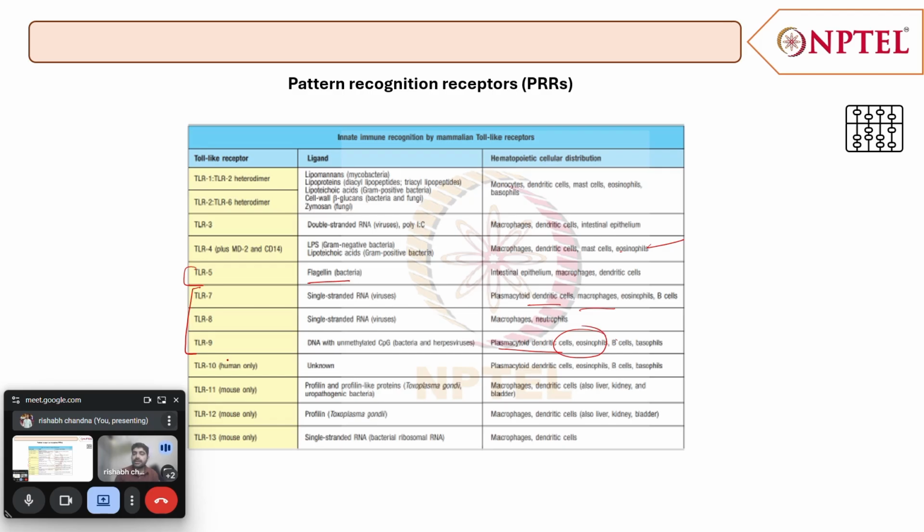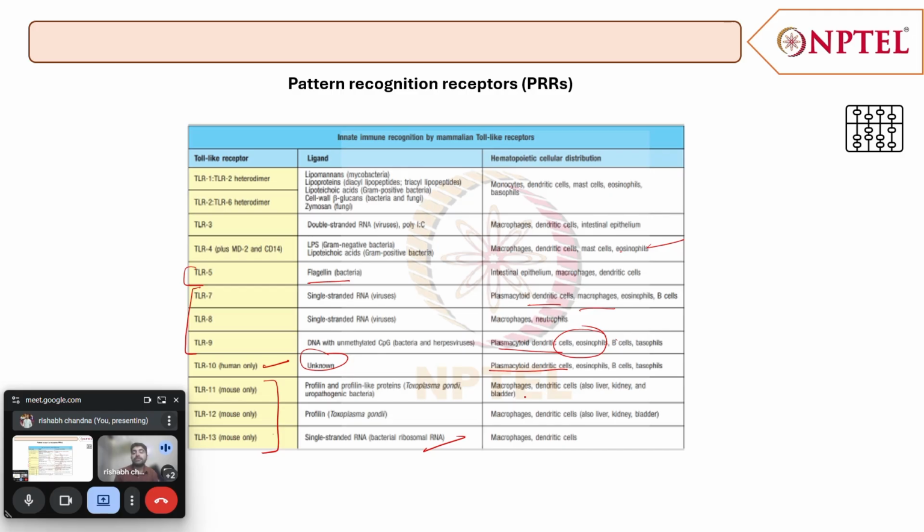TLR10 is present in humans only. Its function is unknown, but it is found in plasmacytoid dendritic cells, eosinophils, B cells, and basophils. TLR11, 12, and 13 are present in mouse only; they are not present in humans. TLR11 and 12 recognize proteins, and TLR13 recognizes single-stranded RNA, especially bacterial ribosomal RNA.